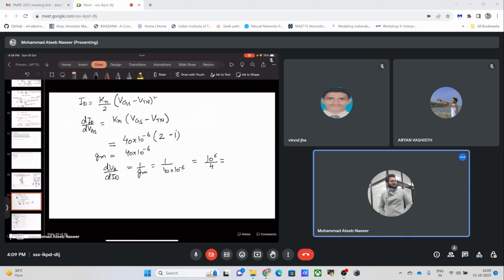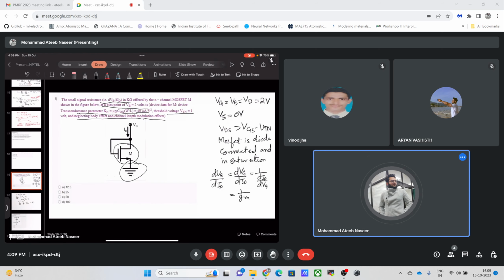Okay, so let us divide this. So it is 40, it is 10 divided by 4, it's absolutely equal to 25.